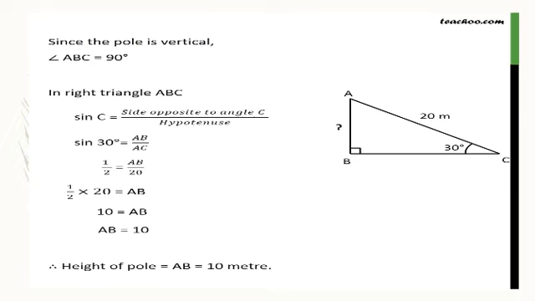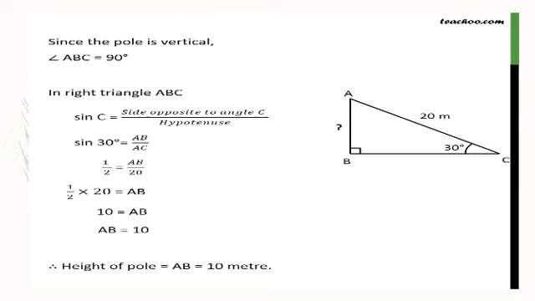To calculate height of the pole, which side we need? We need hypotenuse side and opposite side. So which ratio is suitable here? Sine ratio is suitable. What is sine ratio? Sine ratio is the ratio between opposite side and hypotenuse side. Opposite is AB and hypotenuse is AC.